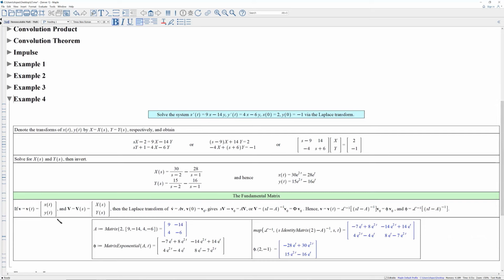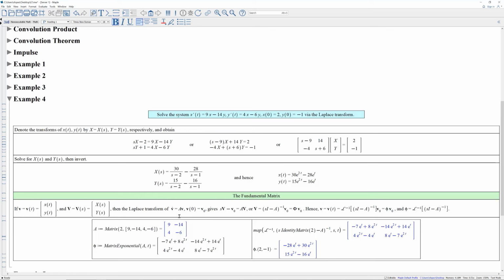you can do with this Laplace transform here on the linear system. Let little v, bold, be the vector of functions x of t, y of t, and big V be their transforms. Now look at the transform of the system v dot equals Av, with the initial values being some initial vector v0.